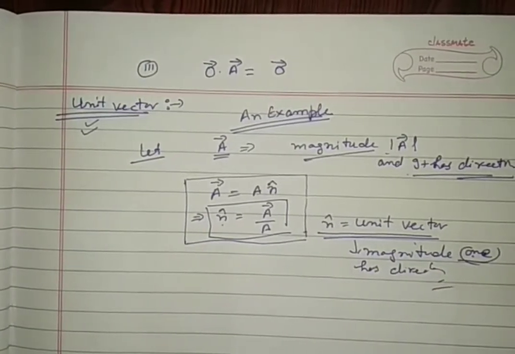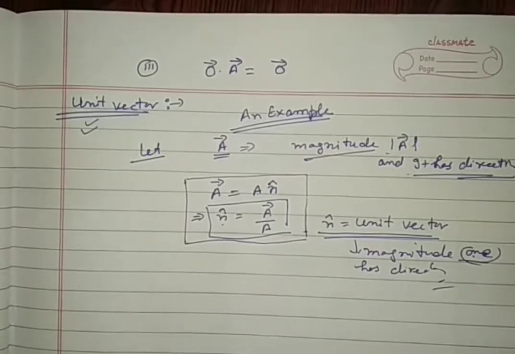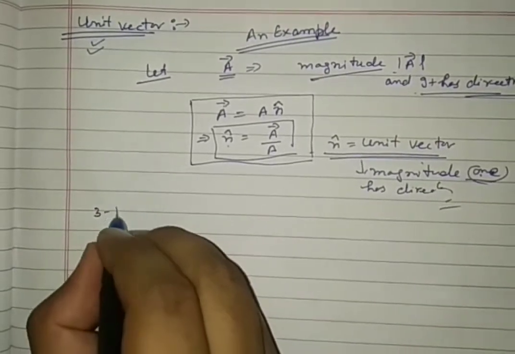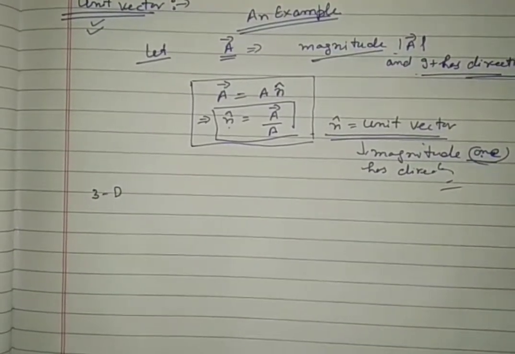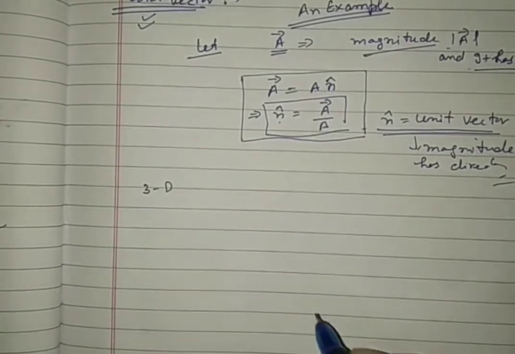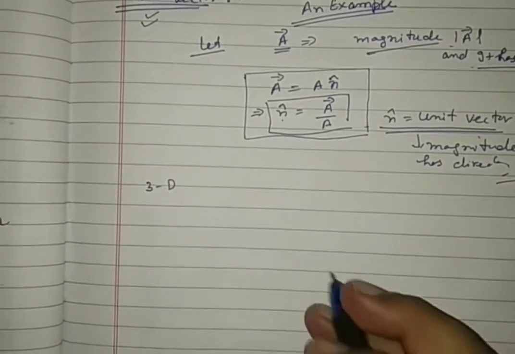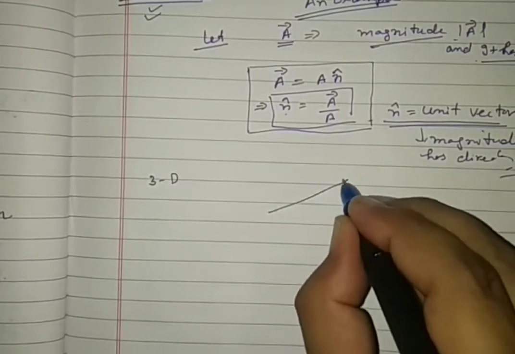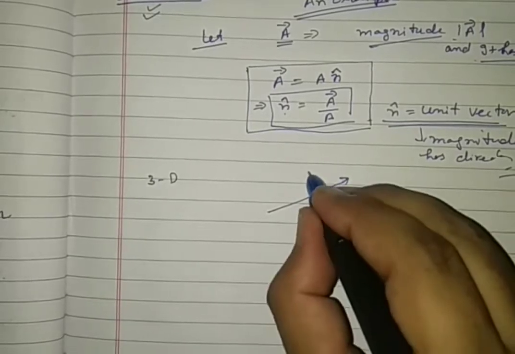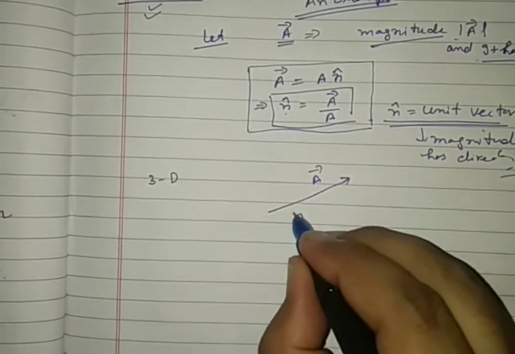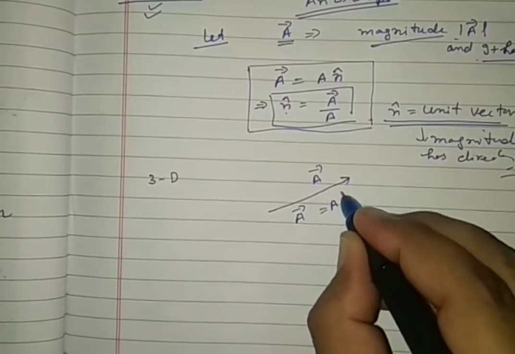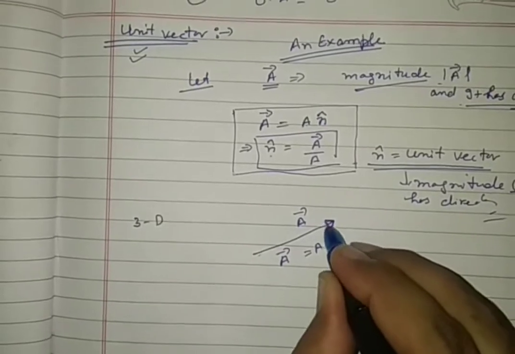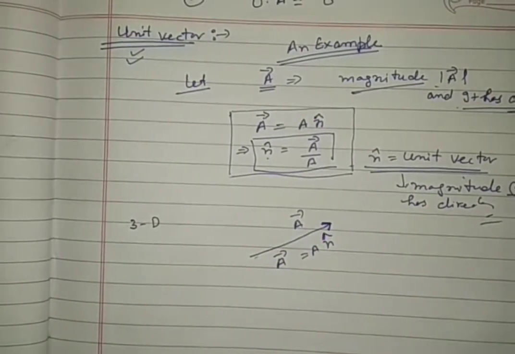See, one more thing is the concept of unit vector is also in case of 3 dimensions. Let any vector be A. So we can say that this vector A is equal to A into n cap. So n cap is a unit vector, means it shows a direction. Clear?